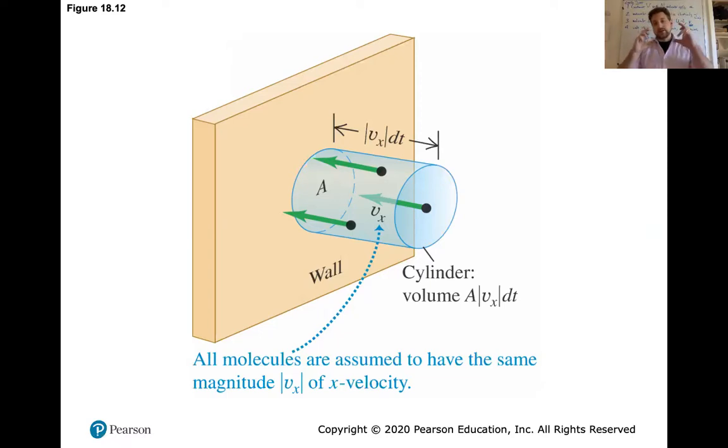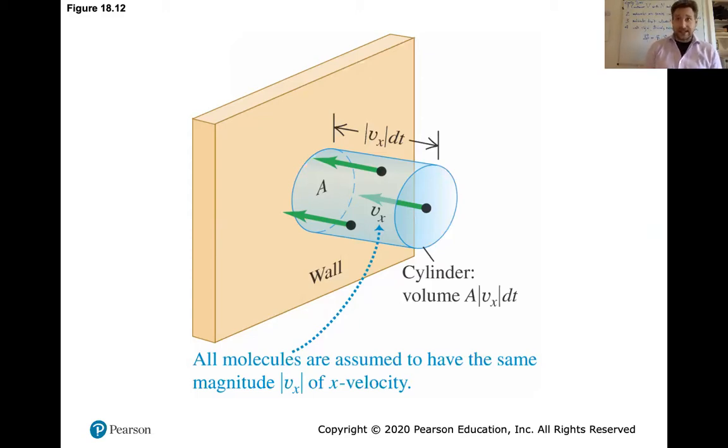So we are interested in an area's worth of distance into the container. Why area? Because we were talking about pressure, about things hitting the wall. We care about the area. The volume of this cylinder matters because what I'm trying to get at is how many molecules are hitting the wall every time dt.